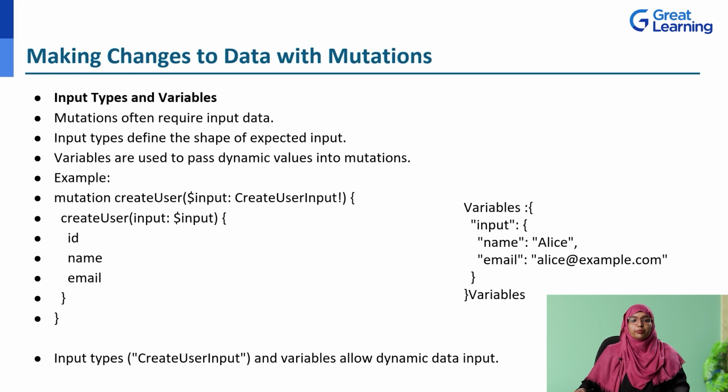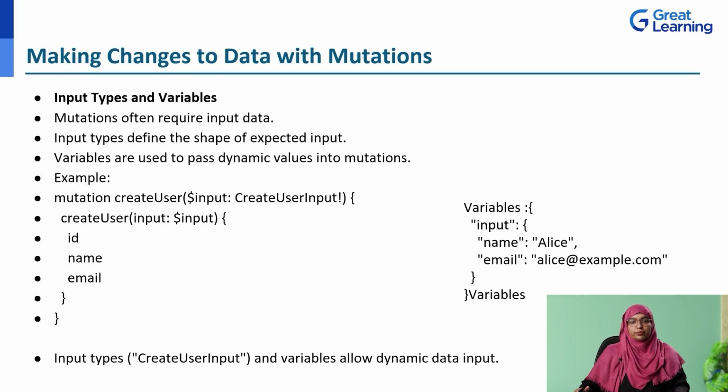Now coming to your input types and your variables, your mutations often require input types. When we say input types, we're trying to define the shape of your expected output, how exactly the output should look. And variables are used to pass dynamic values into your mutation, not static values.